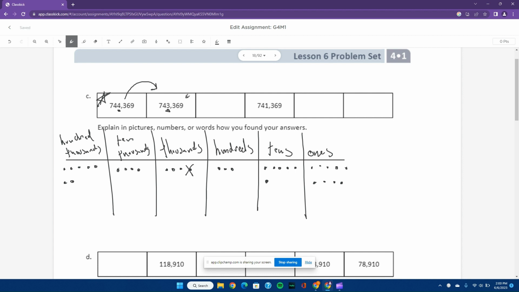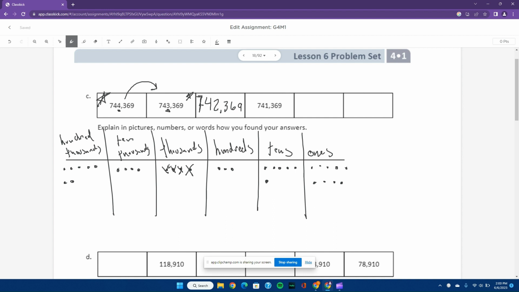Now my place value chart resembles this number. I need to remove another 1,000 to generate this number here, which is 742,369. And take another one away to make 741,369.